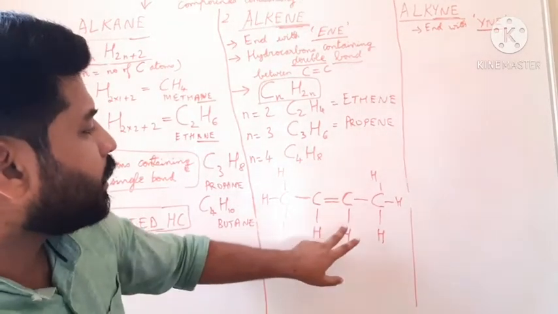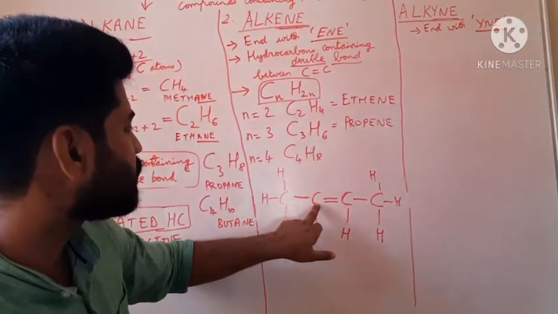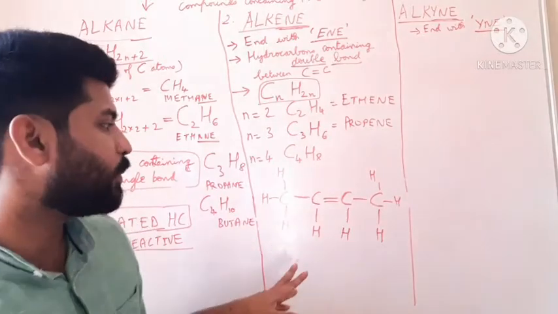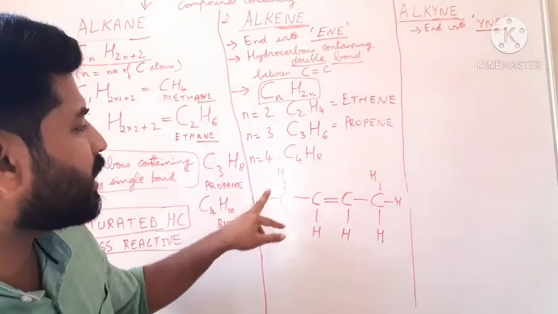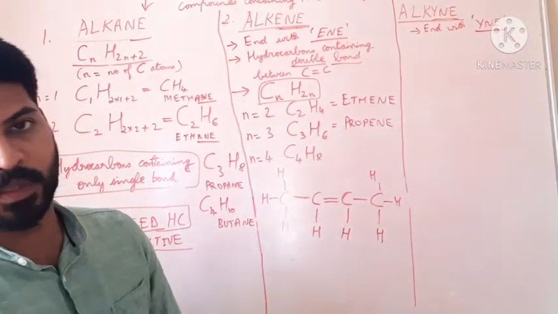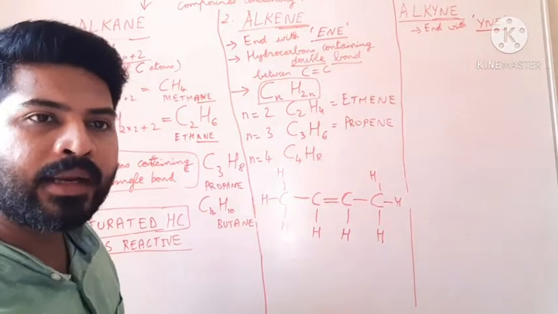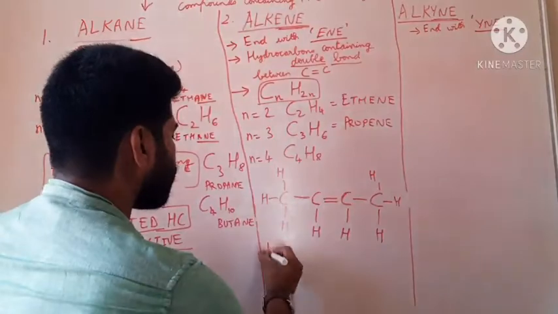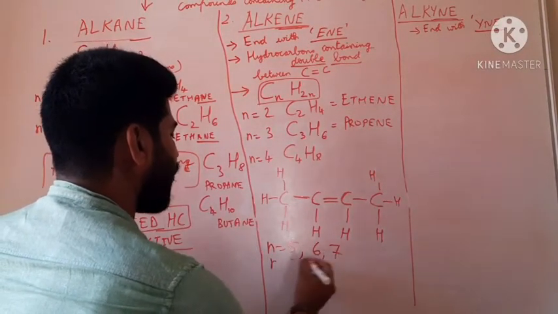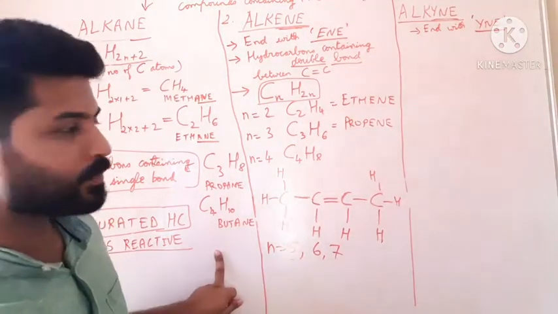So check the valencies of carbon. 4 here, 1, 2, 3, 4 here. This is 1, 2, 3, 4 and 4. So this is also possible. And check the number of hydrogen atoms: 3, 6, 7, 8. This is also possible. So similarly, you can practice writing the structures for alkenes containing n equals 5, 6 and 7 carbon atoms like you did for alkane.